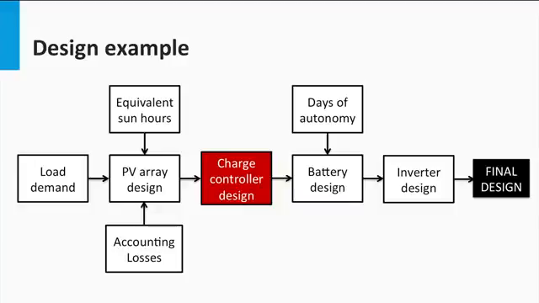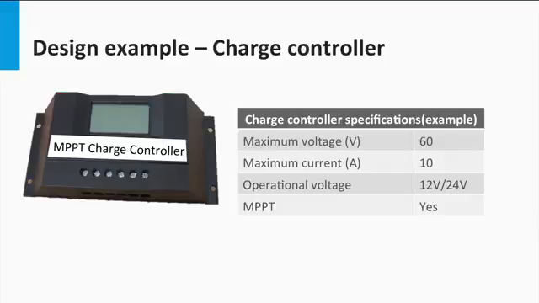Now, let's look at the specification of an available charge controller. In this case, we need to ensure that the charge controller parameters would conform with the maximum parameters found in the different PV configurations. The operational voltage is the battery voltage that is supported by the controller.